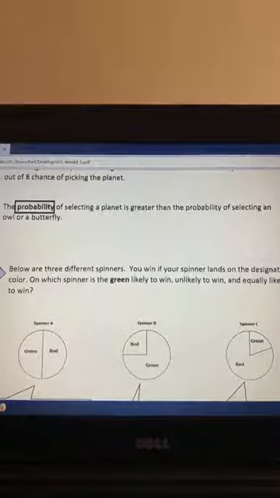I will post on my page to make sure you guys remember. It is due tomorrow by 5 o'clock. When you log in, it's going to say Map Exit Ticket 420. It will have the date beside it so you know which one to choose. Elizabeth, I want to say it's either 3 or 4 questions.